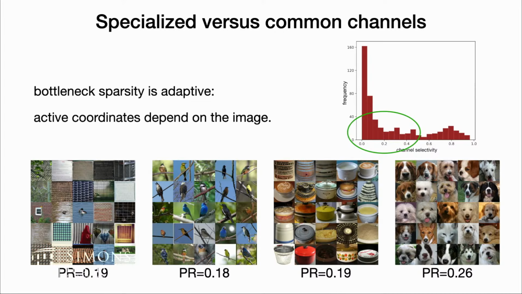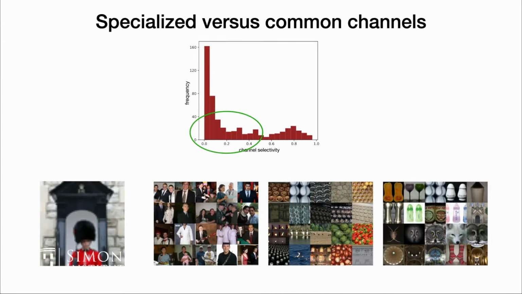For example, you have a bird on a branch, round shapes of dog faces, grid lines, and things like that. Now, we also saw that the representation for each image is also sparse.